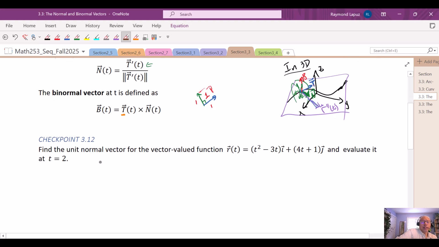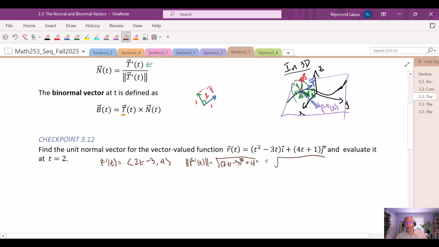Let's find the unit tangent vector, and to do that we need to first find the derivative, and so the derivative of this is going to be 2t minus 3 in the first component, and then 4 in the second component, and the magnitude of that is going to be the square root of (2t minus 3) squared plus 4 squared.